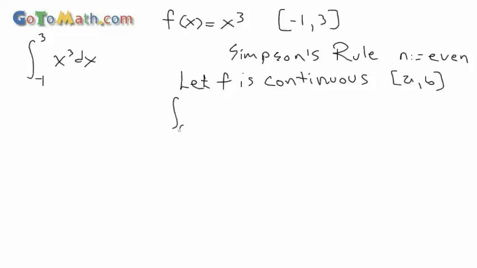We'll just write this out generally: the integral from a to b of f of x dx is approximately going to be equal to this, and that is b minus a over 3n times f of x0 plus 4f of x1 plus 2f of x2 plus dot dot dot plus, the one before the last one, f of x n minus 1, plus, and there's always a coefficient. This looks a lot like the trapezoid rule, except the coefficients are different, and instead of a 2 being there, there's a 3 there.